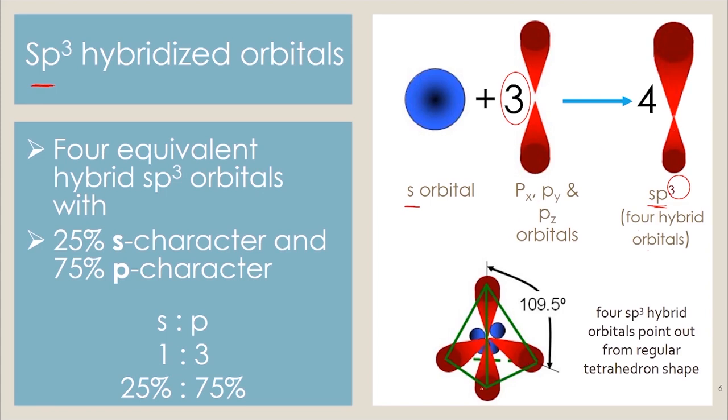The axes of the 4 sp3 hybridized orbitals point out from a regular tetrahedron shape. Notice, because sp3 hybridized orbitals form due to the hybridization of one s orbital and 3 p orbitals, the resulting hybridized orbitals have 25% s character and 75% p character.